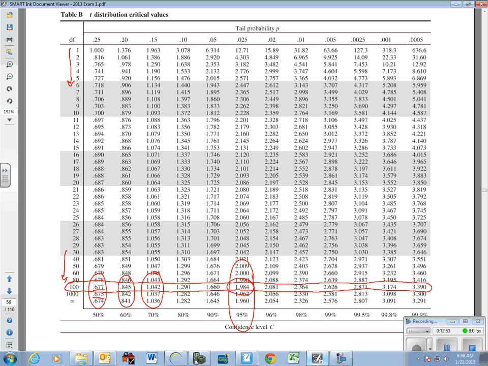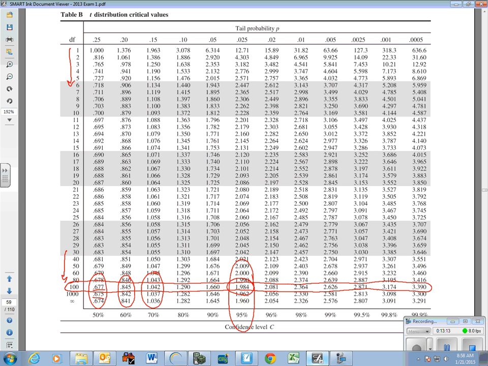Degrees of freedom is one less than the sample size. If it's a big number, you'll have to use either 100 or 1,000 or 80 maybe, but there's not that much difference between 100, 1,000, and 499. If you have questions about how to use this chart, we'll go over them in class.